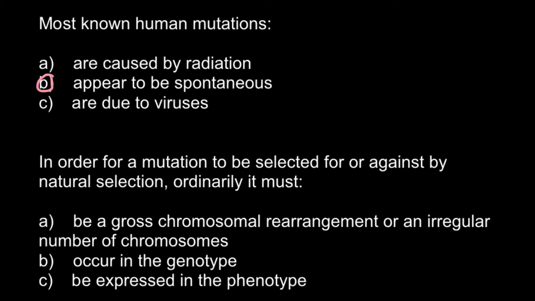So let's consider each answer in turn. Be a gross chromosomal rearrangement or an irregular number of chromosomes. As you know, there are not so many genetic disorders caused by rearrangement of chromosomes or by an odd number of chromosomes. For example, trisomy 21, which we know as Down syndrome.